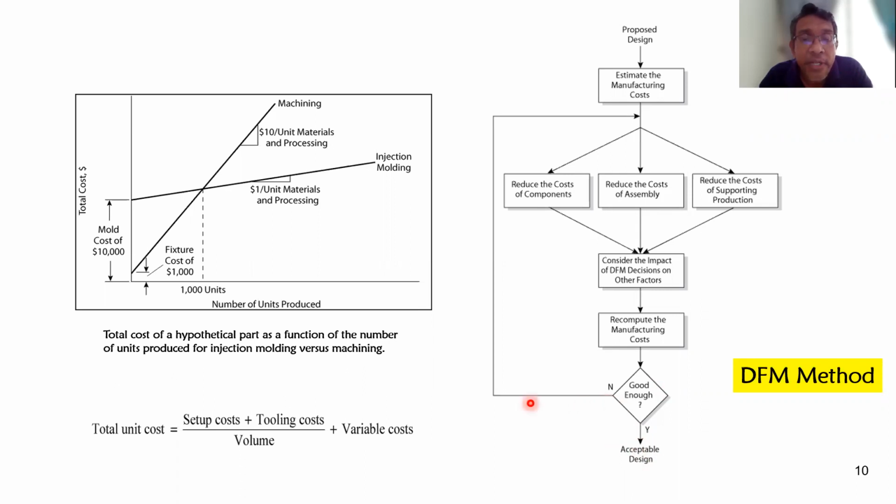If not, we go back and look at each component, each assembly line, and each supporting production again, and go through the same process until we are satisfied with the drawing we achieve. So this is all the DFM method.